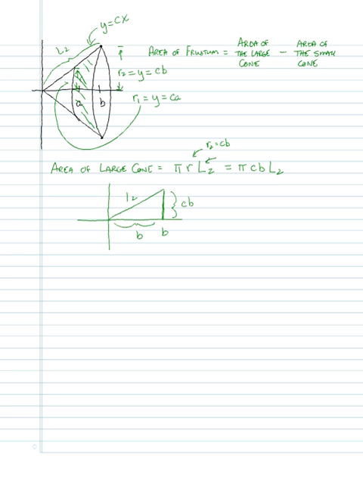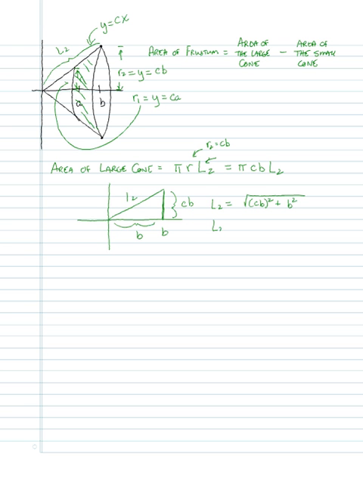So L sub 2 is really the hypotenuse of a right triangle. And so L sub 2 will be the square root of the sum of the squares of the 2 sides. Now the 2 sides are c b and b, the vertical side and the horizontal side.